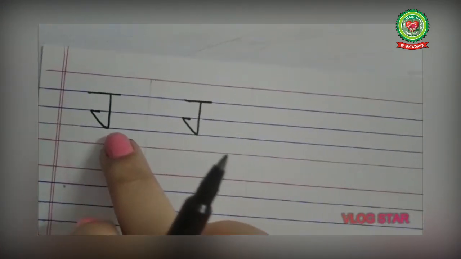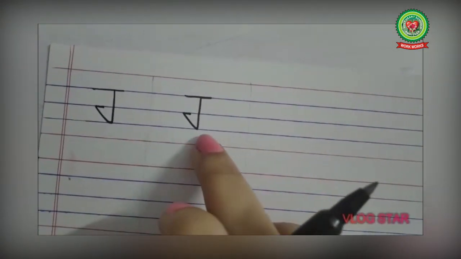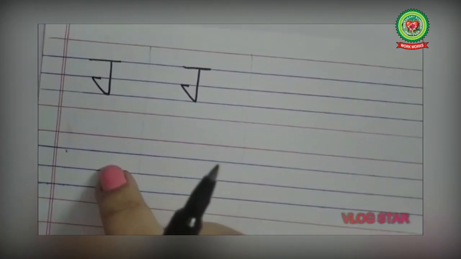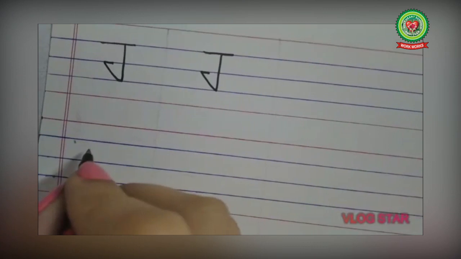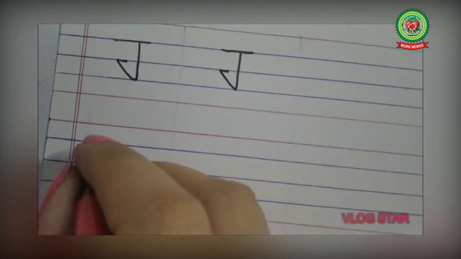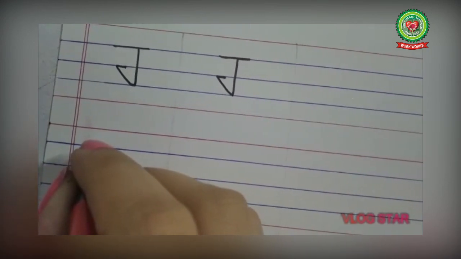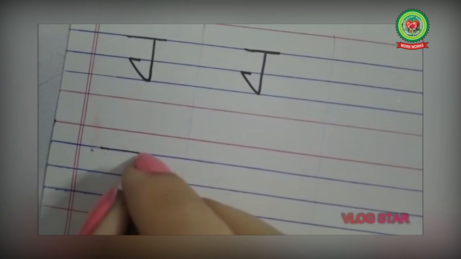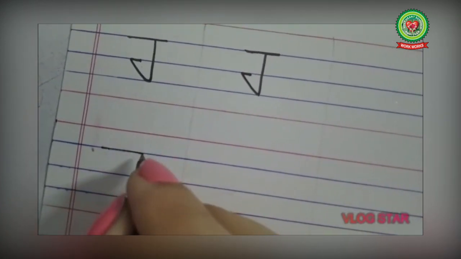I have written ha in these two boxes. Now I will teach you how to write ha here. So for writing ha, draw the sleeping line like this, on the second line, this is first, this is second.